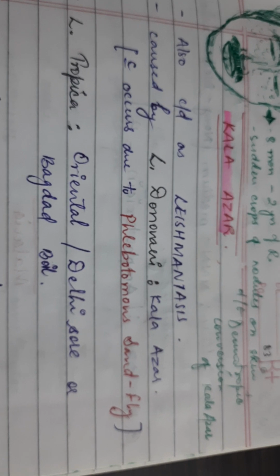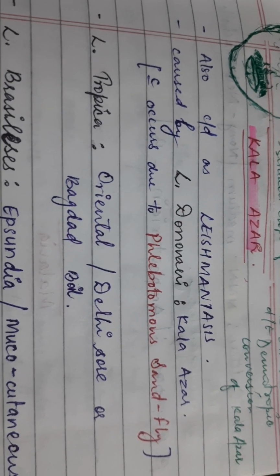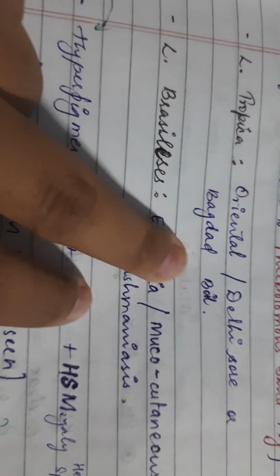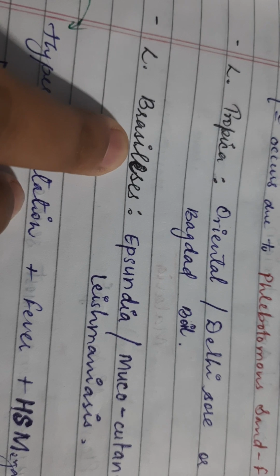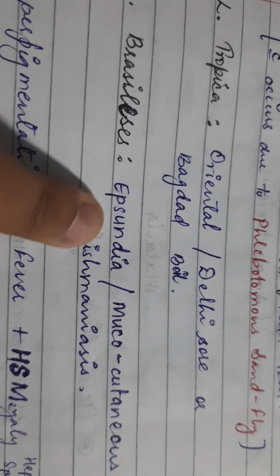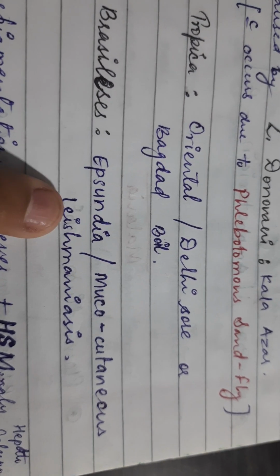Leishmania tropica causes oriental sore, Delhi sore or Baghdad boil. Tropical, so it goes to Delhi, Baghdad. And then Leishmania braziliensis causes espundia, or mucocutaneous leishmaniasis.